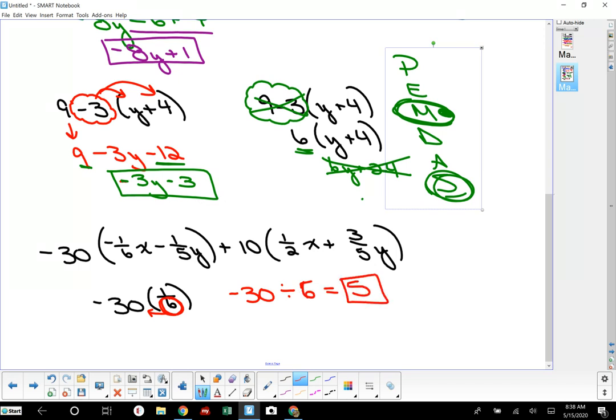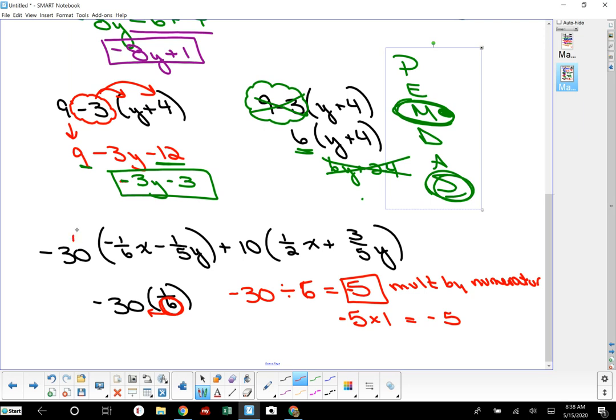And then you take that 5 and you multiply by the numerator. In this case, the numerator is 1. So I get 5, and then I multiply the 5 times the 1, and it's actually a negative 5, right?